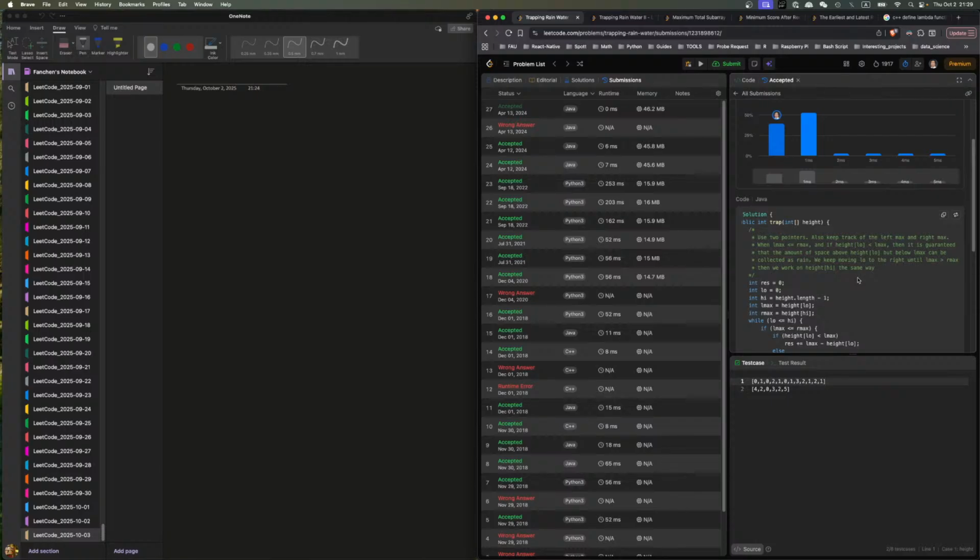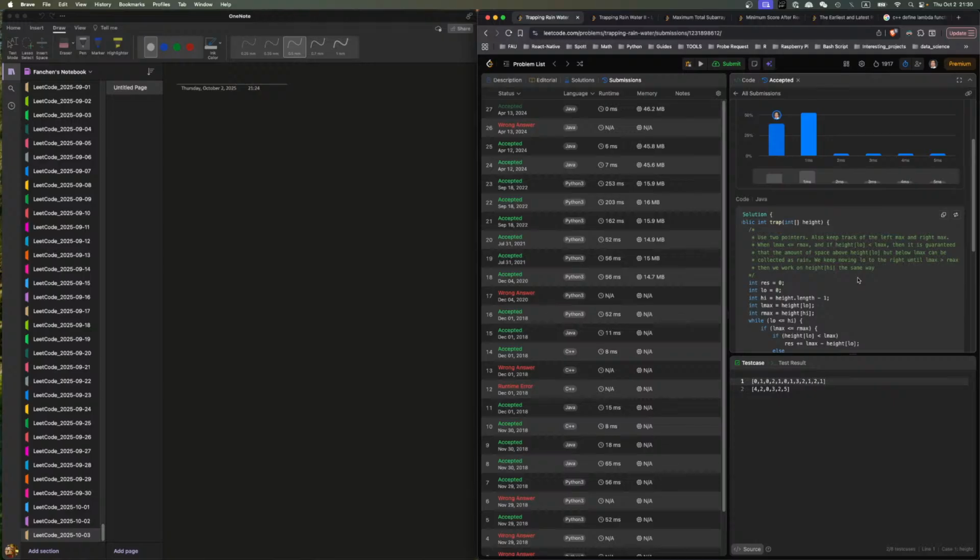We have a left max and a right max, right? So we keep track of the left max to the right max. What we want to know is, for each height, is it possible for it to trap rain? Now, if I'm not the left max, we go left to right, right?